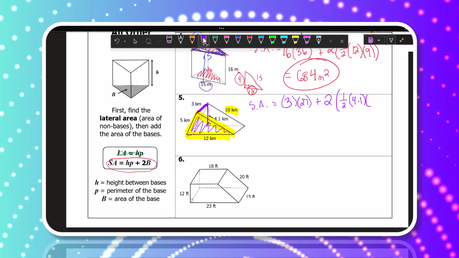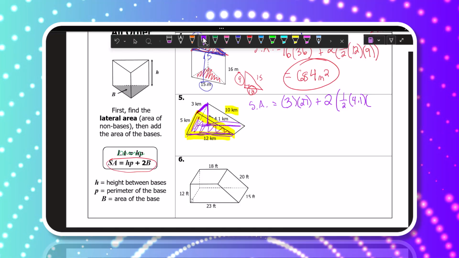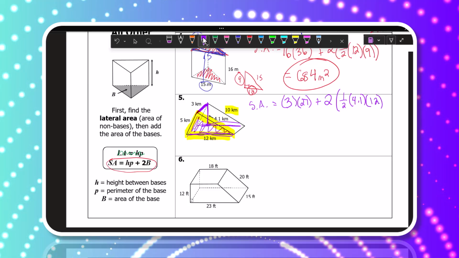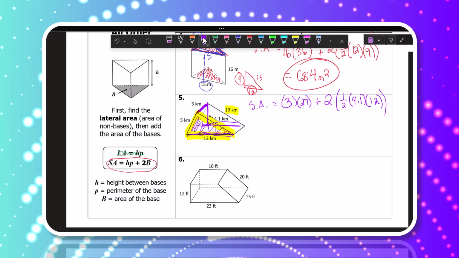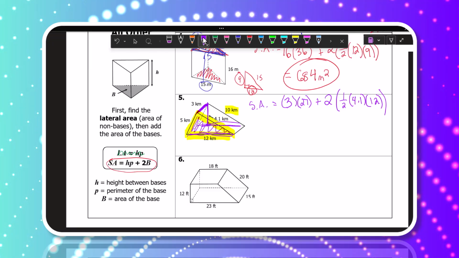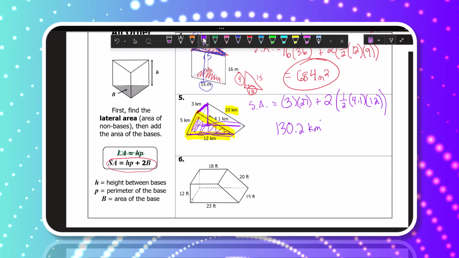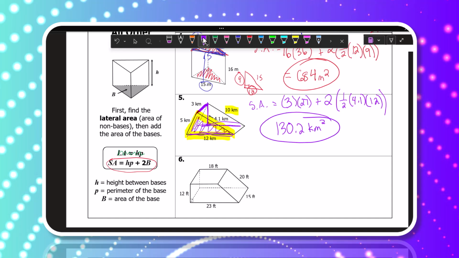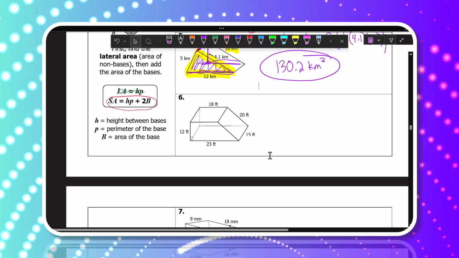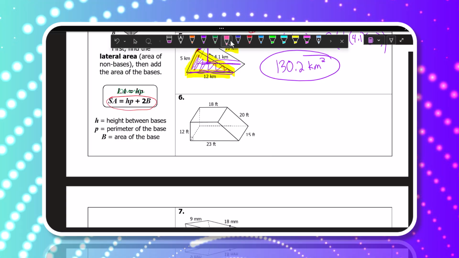Then our base will be the one that makes a right angle with it. It's really the back side. But it's the same as the front because it's a rectangle and we get 12. Again, we throw that in Desmos or our calculator and we get 130.2 kilometers squared. All right, let's keep going. We'll get a little bit crazier as we go on.